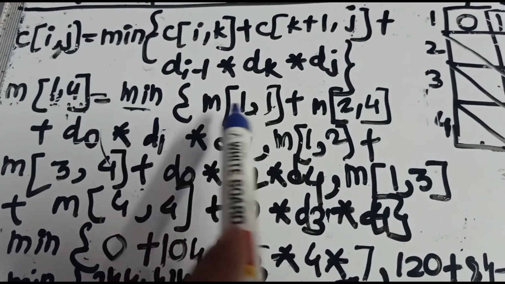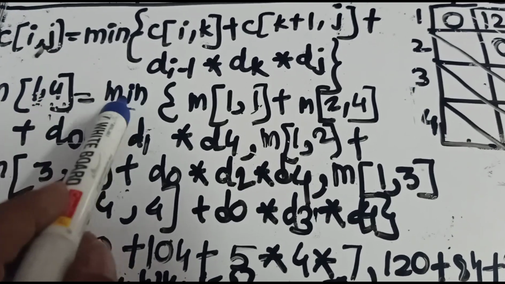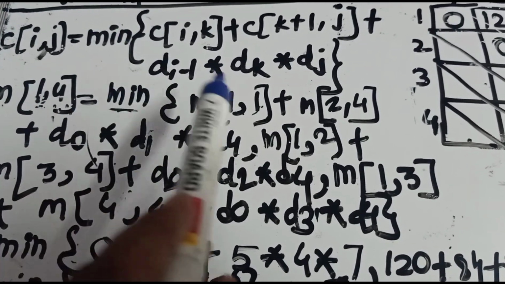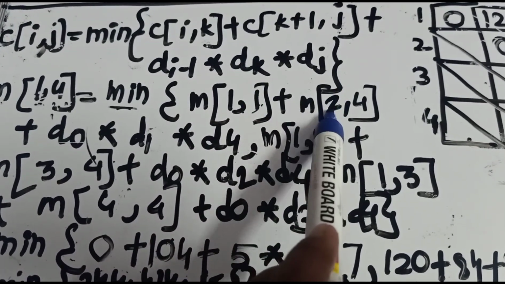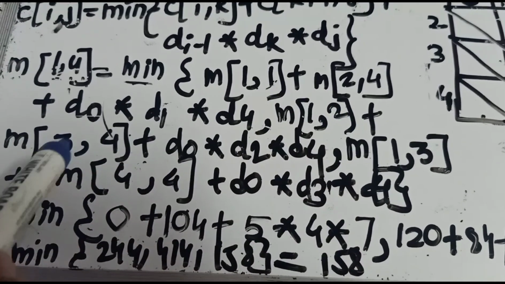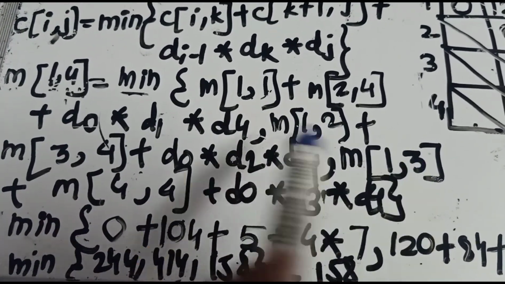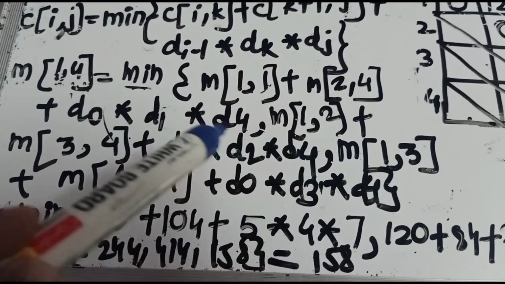I have just changed the value of k here. The value of i is 1 only and j is 4 only. I am just updating the value of k, and k plus 1 is updated accordingly. Here k is 1, k plus 1 is 2. Here k is 2, k plus 1 is 3. Here k is 3, k plus 1 is 4. And according to that I have updated all the values.